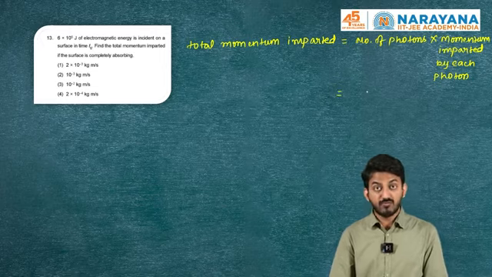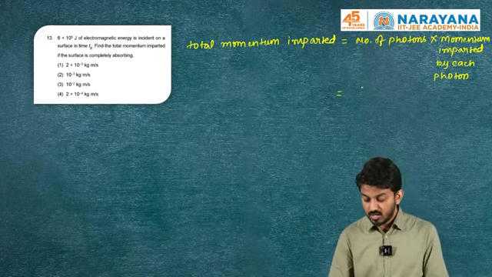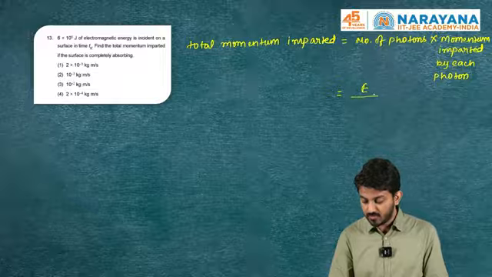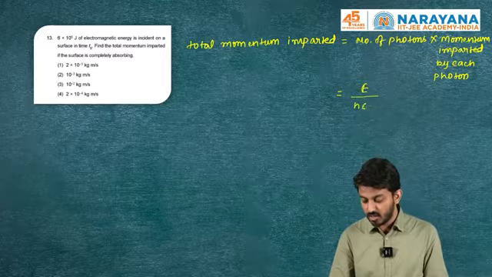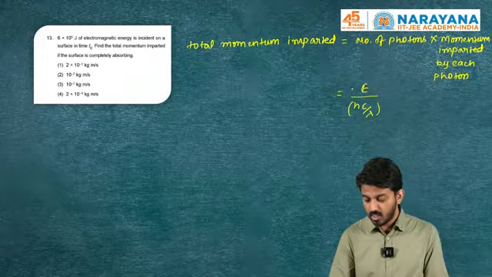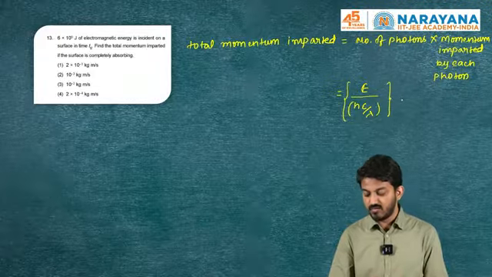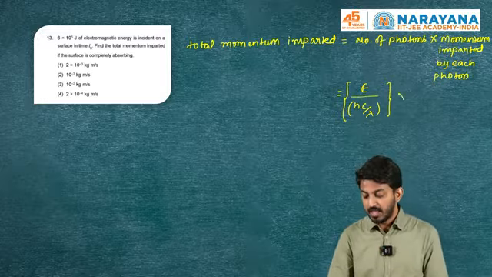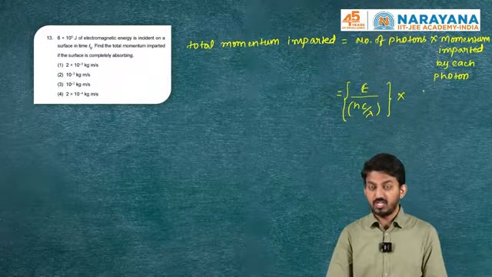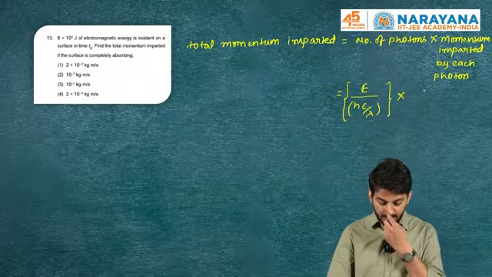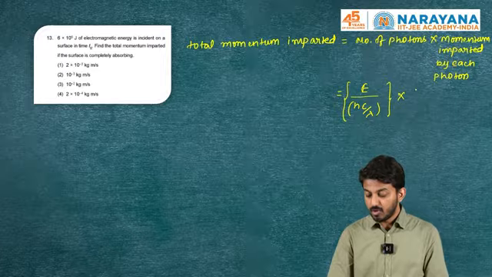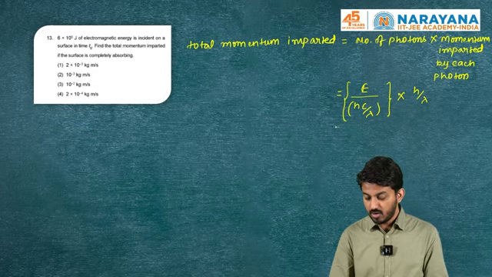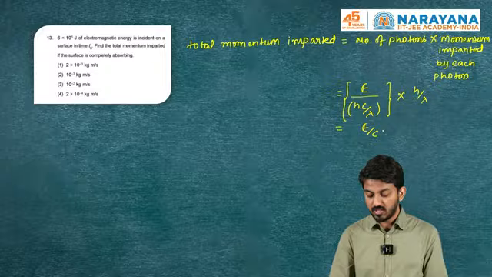Now, the number of photons we can find by the energy: total energy E divided by energy per photon, which is hc by lambda. This term gives us the number of photons. Total energy falling divided by energy per photon, multiplied by momentum imparted by each photon, because the collision here is said to be completely absorbing. So momentum imparted is h over lambda. Therefore, total momentum imparted comes out to be equal to E by c.